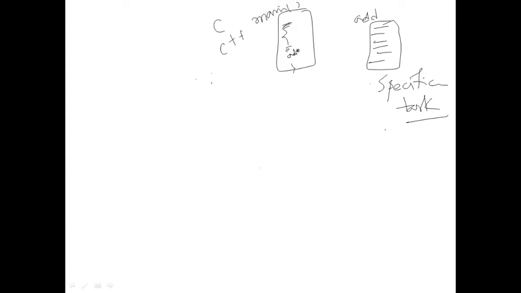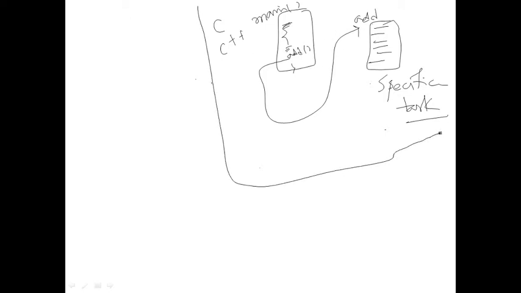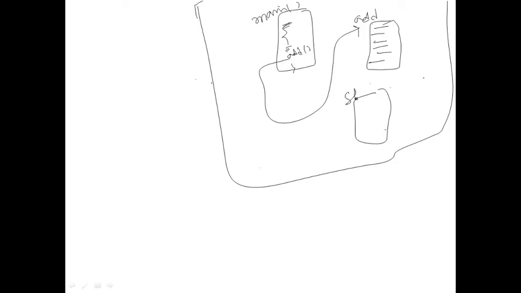If add is called here, the execution point will go from this point to the definition. This is called a function call, and this is the definition. The whole program is this: here you have main and you have add. Suppose you have another function called subtract, sub, which may be called from main.